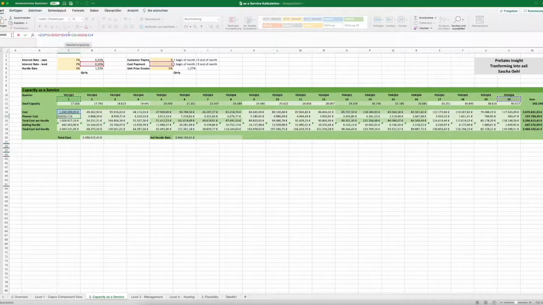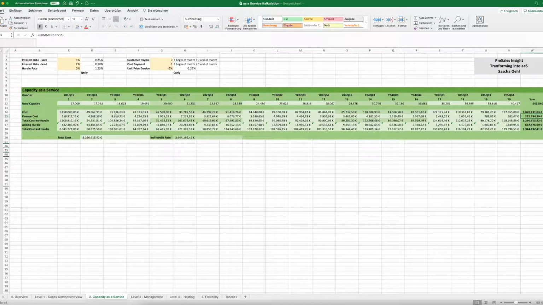We're giving it a power, which is basically the number of quarters that we have to lend the money for. And in the end, we are subtracting the cost that we have here to have just the financing cost that we have for the investment of each quarter for the term of the contract. This is what we're doing here, quarter by quarter, in this little Excel sheet, which gives us in the end a financing cost of 220,000 euros over the period.